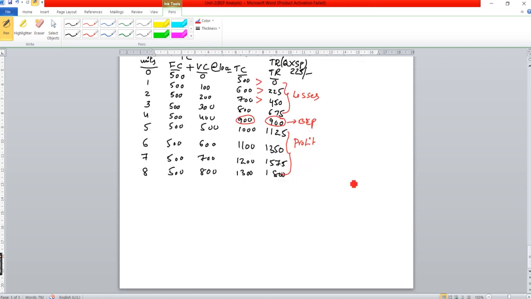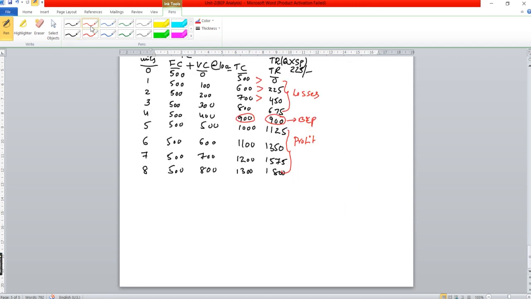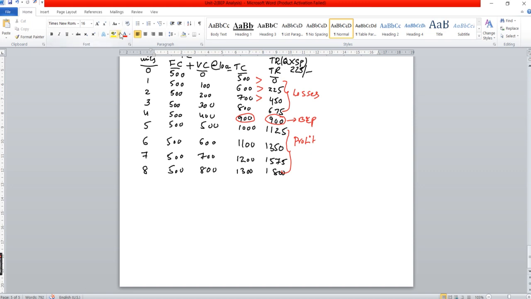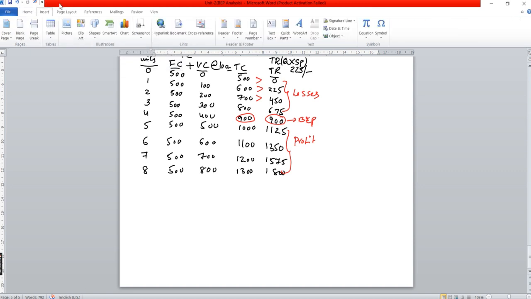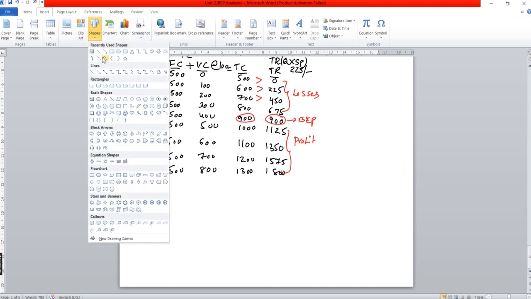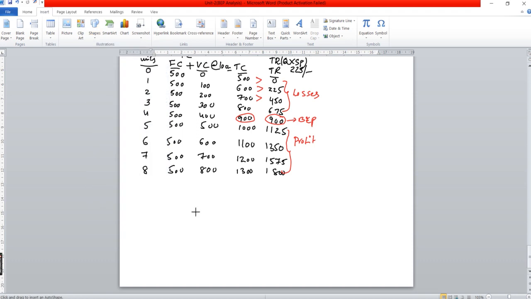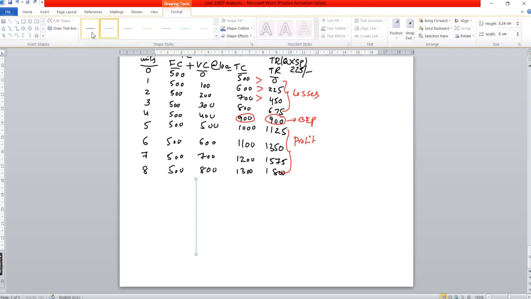So this can be converted in the form of a diagram. If you take the y-axis and x-axis here, this is the y-axis and this is the x-axis.